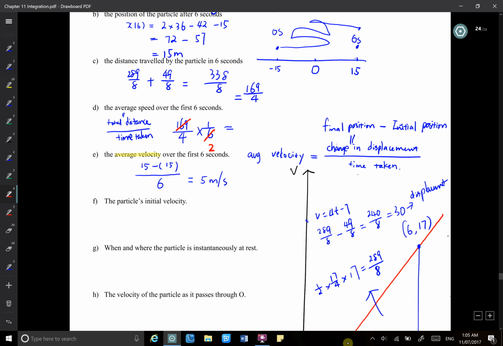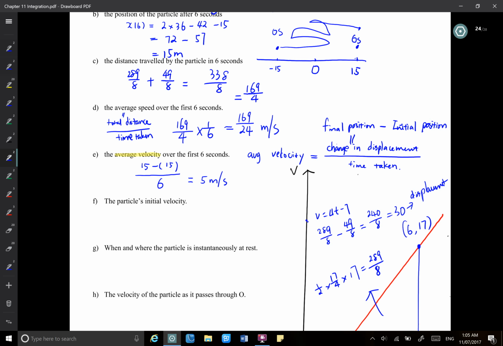Can't divide by 3, can't divide by 2, so it's 169/24 meters per second. That is the average speed.